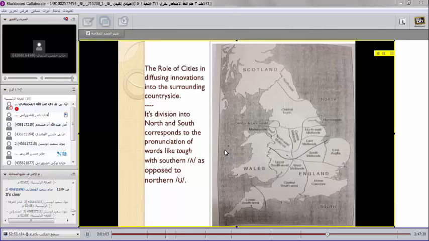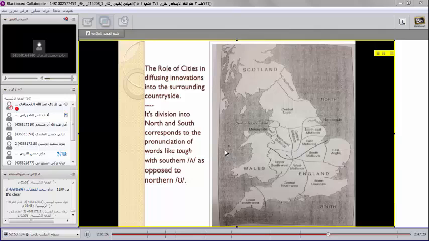It is socially incomplete. It gives information only for rural linguistic varieties, so I didn't include it in this presentation. And this is the second map, which explains the role of cities in diffusing innovations into the surrounding countryside.